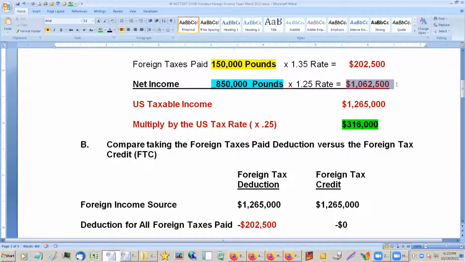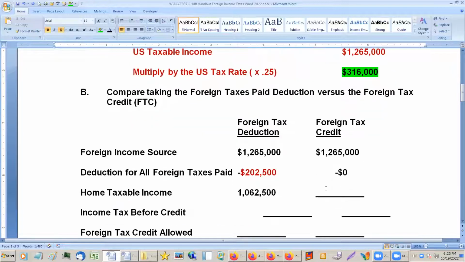And that should look familiar. This one will simply be the entire amount.